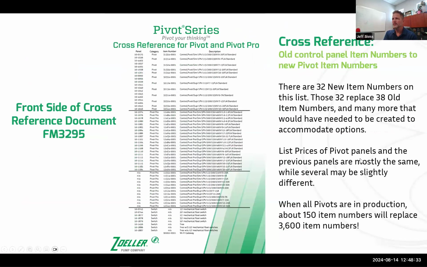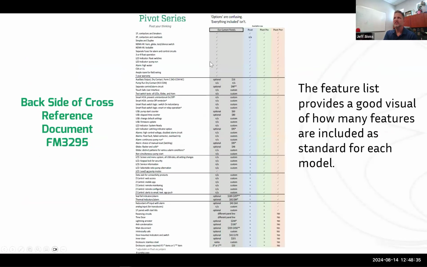This is just a cross-reference, but on the other side of that sheet, here's another list of features. You can see these lines, the lines of demarcation. Right up here is our old Rhombus panels, and the check marks stop at that first line of features. You go all the way down to here for the Pivot, more than halfway down the page, and all of these features are included in Pivot.